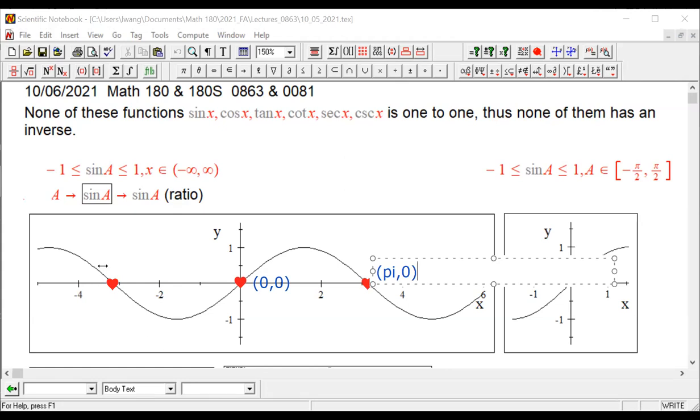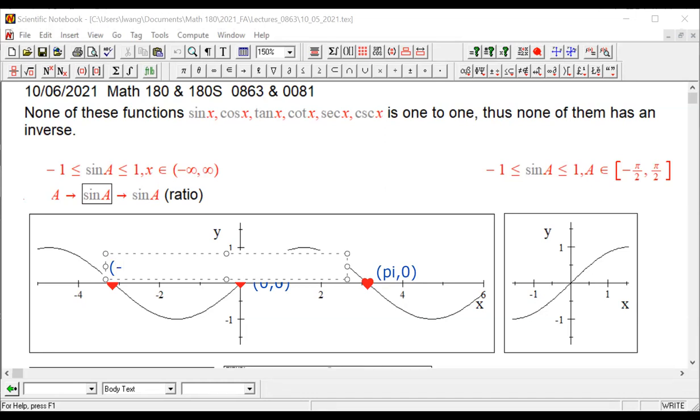How about this other point? Negative pi, 0. These are the x-intercepts we talked about. So how about the lowest point and the highest point?